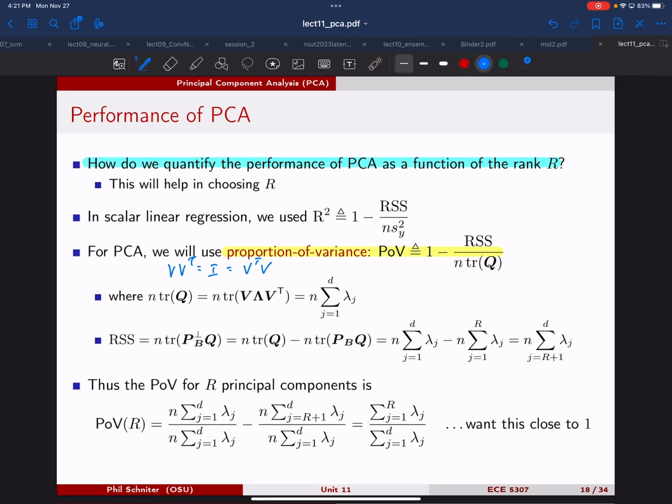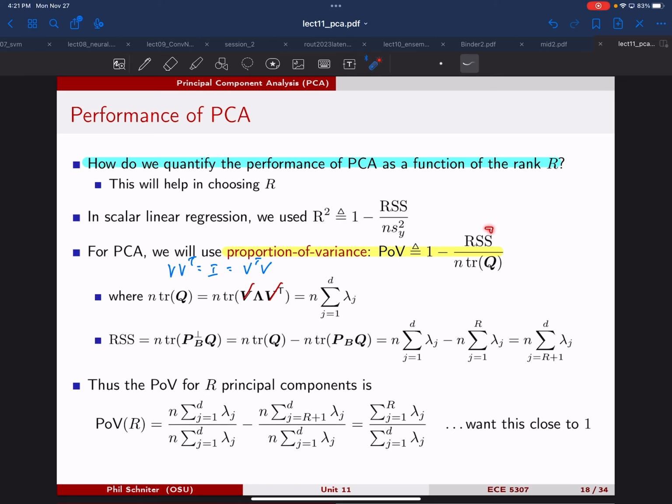Now we have the trace of the lambda matrix. The lambda matrix was the diagonal matrix containing the eigenvalues along the diagonal. And so when you take the trace of lambda, you're literally summing up the D eigenvalues, lambda_j. Okay, so that's one way we can think of this.